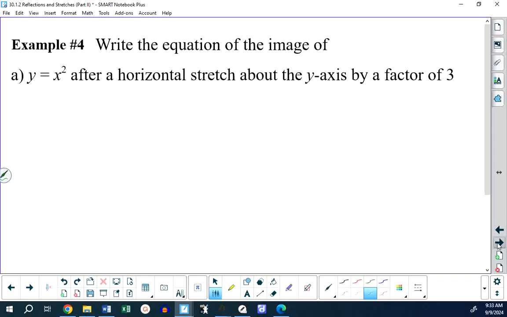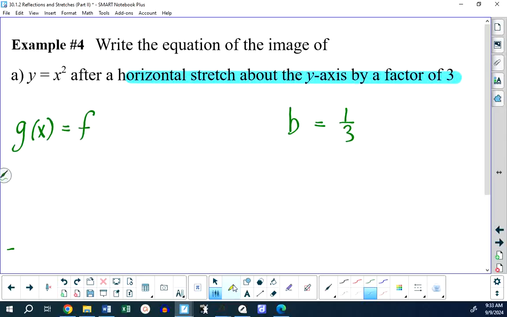Okay. Number 4, write the equation of each image or resulting function if I take y equals x squared and I stretch it horizontally by a factor of 3. So what will the equation become? Well, if I stretch it horizontally by a factor of 3, then that tells me that the parameter b is 1/3, which means g of x is f of 1/3 x.